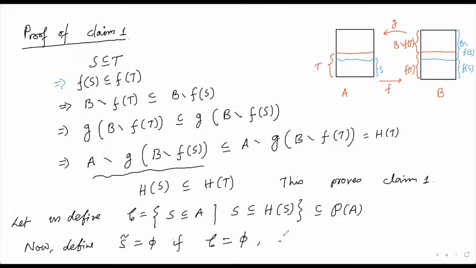Else, we define S tilde equal to the union of S over S belongs to script C. Now, we see that this S tilde is the least upper bound of script C.